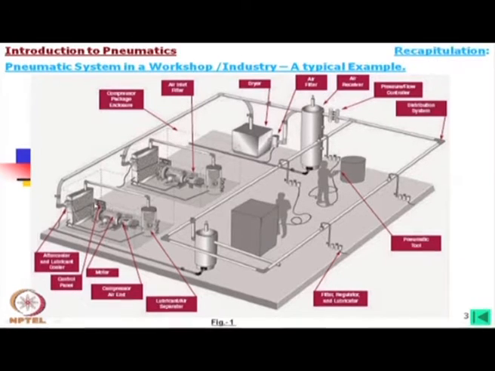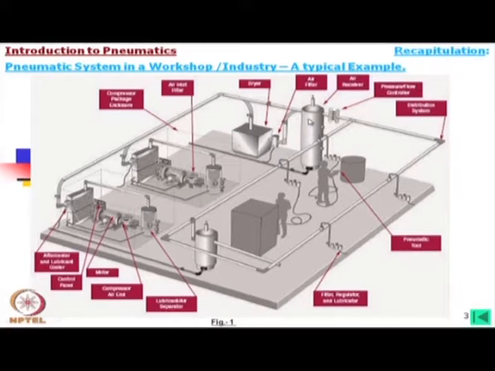This is the control panel, this is the motor, this is the compressor air end, then a lubricator or air separator, maybe moisture separator or lubricator separator also. I do not know exactly why this separator is also used for lubricating. This water separator is definitely used.